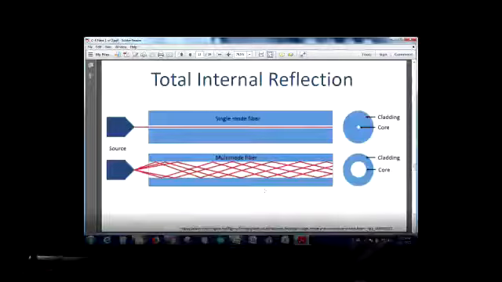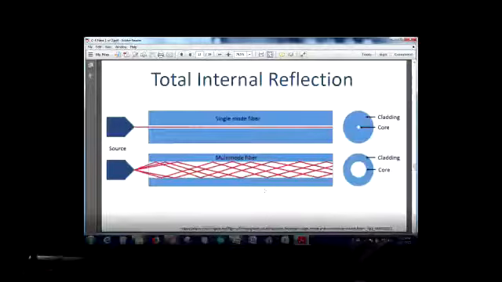So when you see the light beams entering at different angles, they're bouncing off at different spots. Obviously, if you look at the single mode, the whole signal is much cleaner on the other end because it doesn't bounce. It's not dispersed. So we can transmit much higher frequencies, and those frequencies are still going to be understood on the other side of the fiber link.